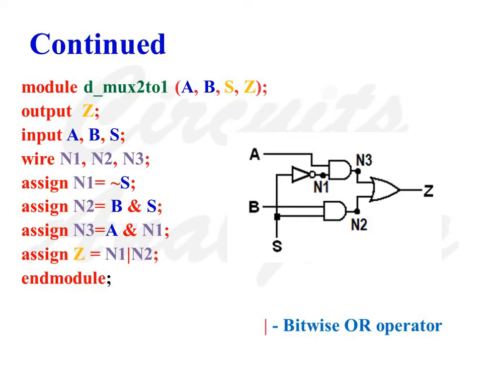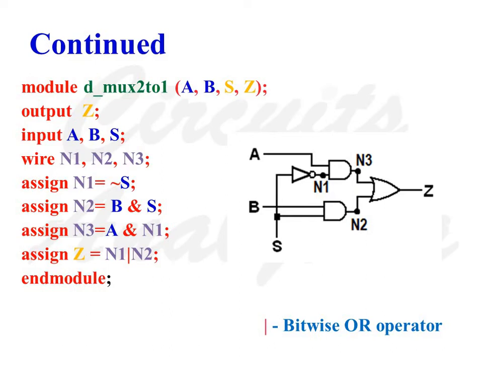Next line, wire N1, N2, N3 declares 3 internal signals denoted as N1, N2 and N3. Next line is assign N1 is equal to not of S semicolon. The wire N1 is driven by the output of a NOT gate whose input is the select line S.